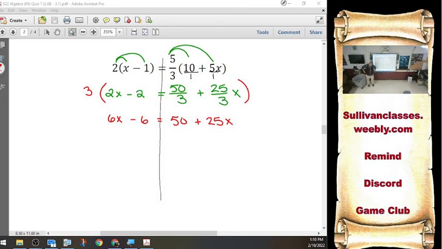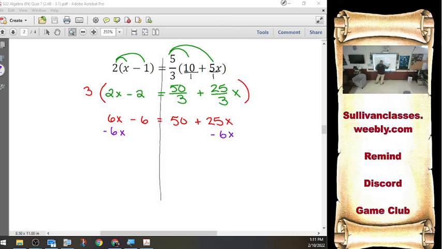Well, now we got to start solving it, right? Now you choose. Right now I've got a variable and a constant on both sides. You have to choose which direction you want things to go. You want 6x to get out of there? Okay.